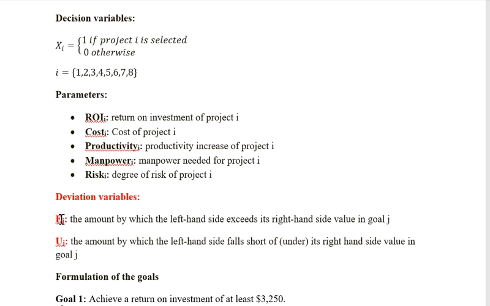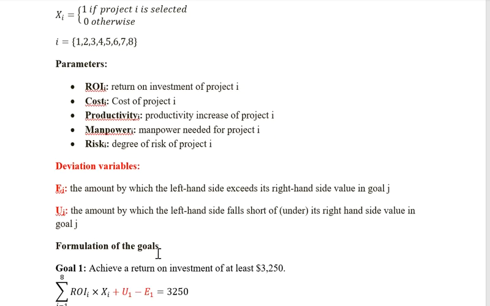EJ is going to be representing the amount by which the left-hand side exceeds its right-hand side value in goal J. This means that it is the amount by which we're going to exceed that goal, while UJ is the amount by which the left-hand side falls short or under its right-hand side. This means that it is the shortage. It is the amount by which we are short of our goal.